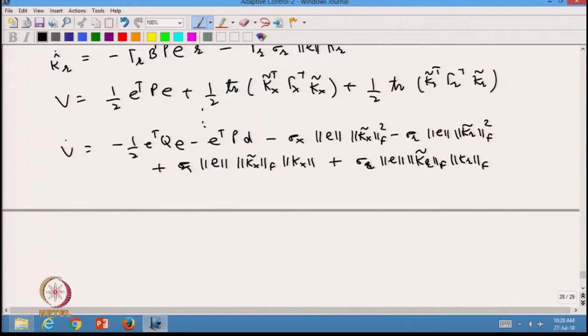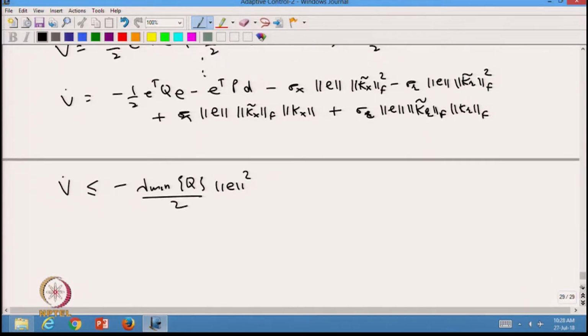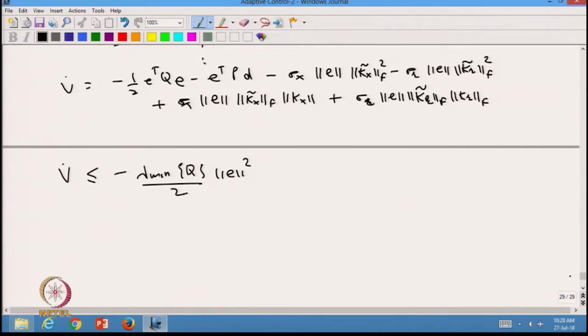So here we see that we can further upper bound V dot like this, and then this disturbance term also we can upper bound by using the upper bound of the disturbance.